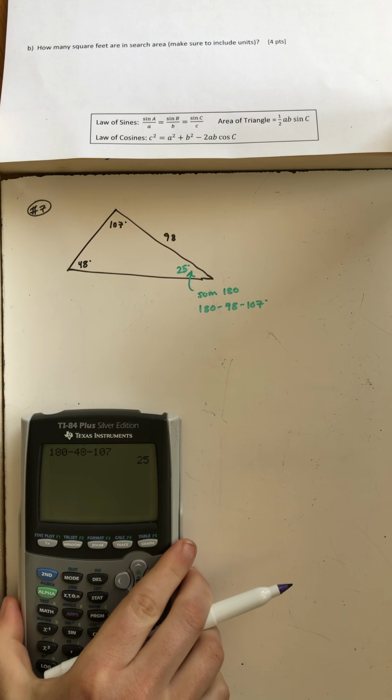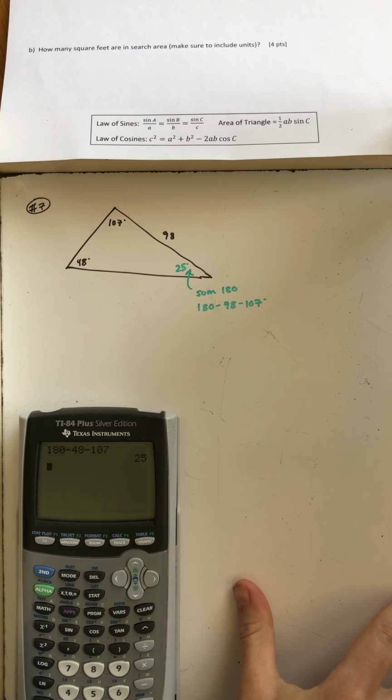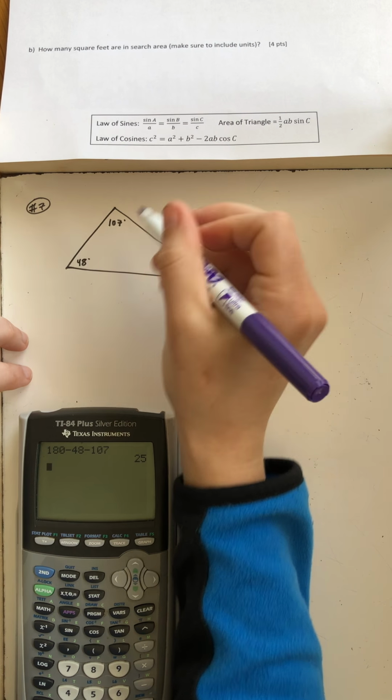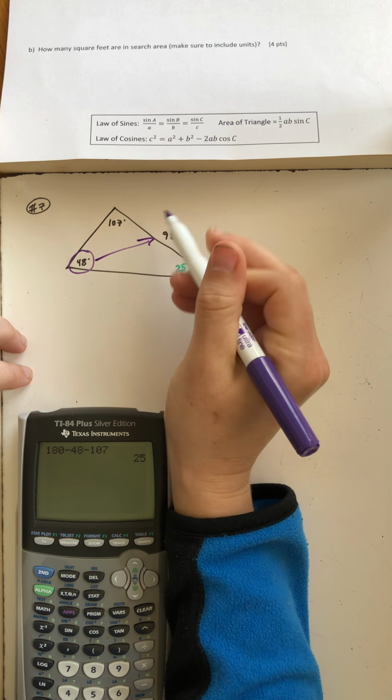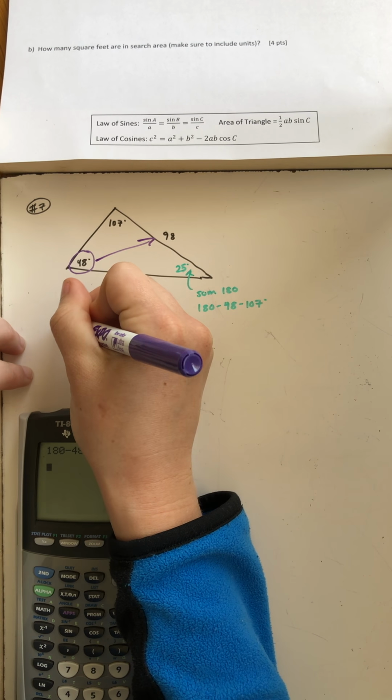Now this does not give me side, side, side, or side, angle, side, so I'm going to use my law of sines. I have the sine of 48 across from 98.